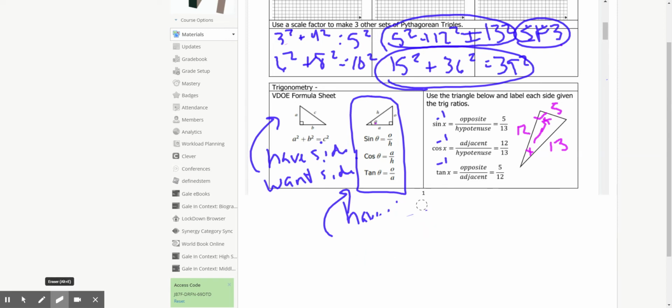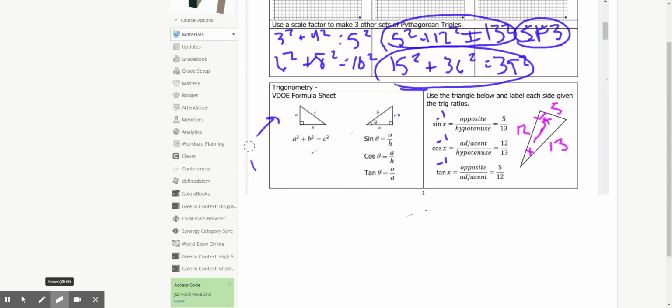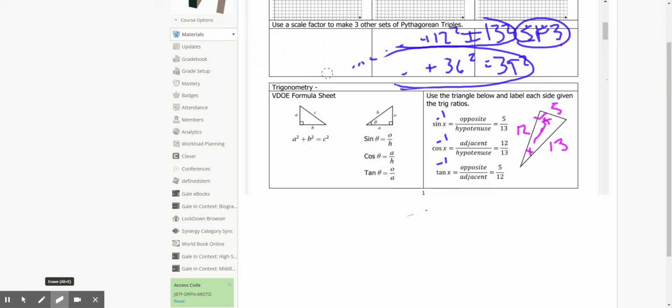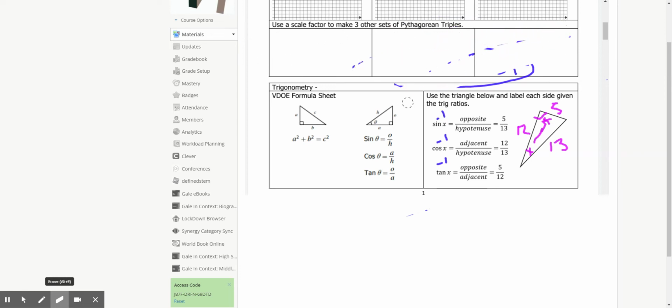Just a little quick review about right triangles. So Pythagorean theorem will give you sides, trig will give you sides from angles, and then inverse trig will give you angles from sides. We're going to practice all of those in here today.